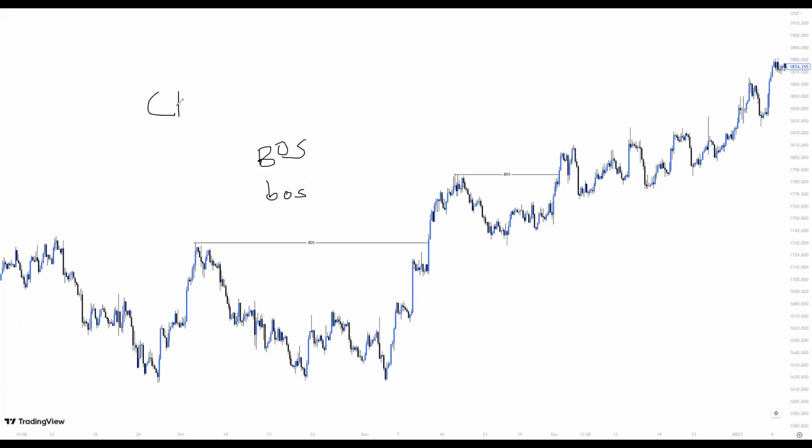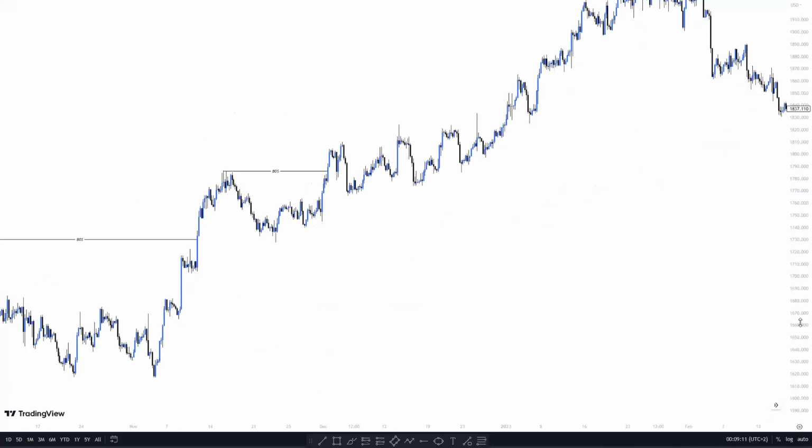This one is external, then this one is internal. You can just do them anyhow, there's no real rule in them.